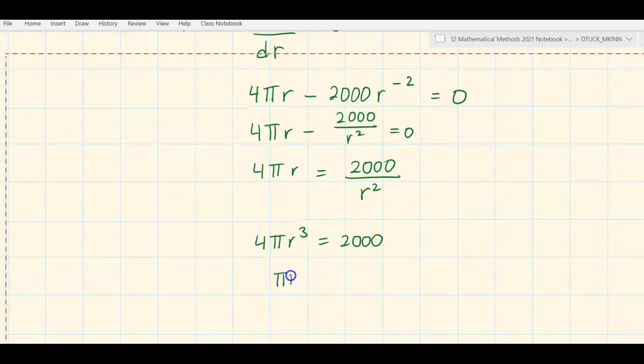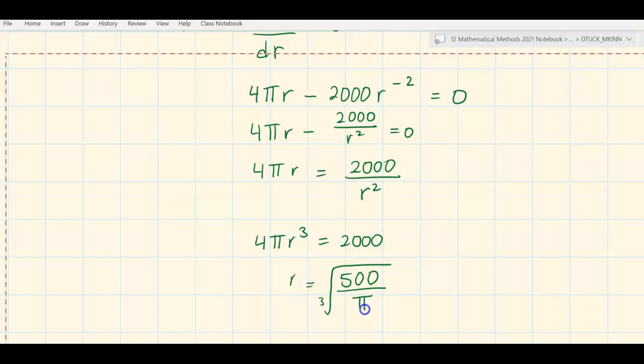We get pi r cubed equals 500. Or I'll divide by pi while I'm at it, and I might even take the cube root while I'm at it. Did anyone get that far? Yeah, so we're agreeing with that. Okay, excellent.